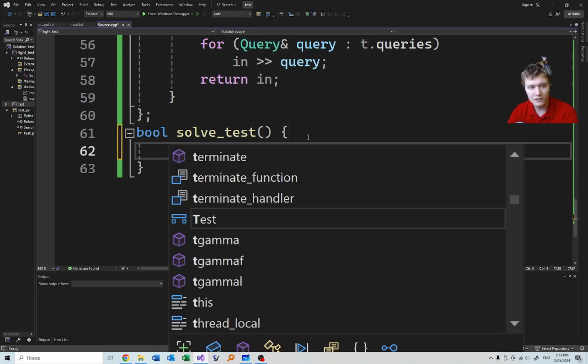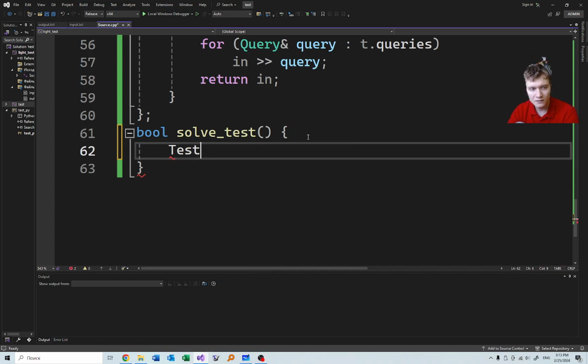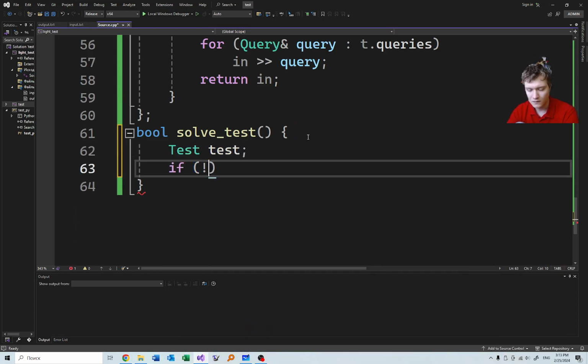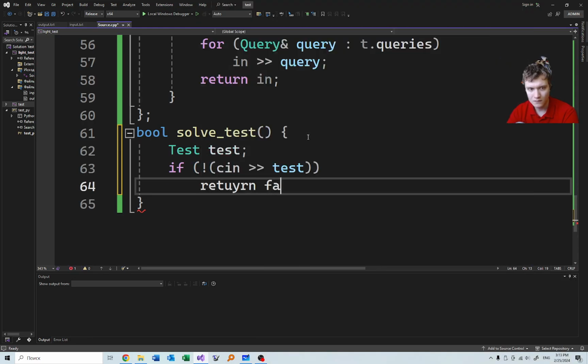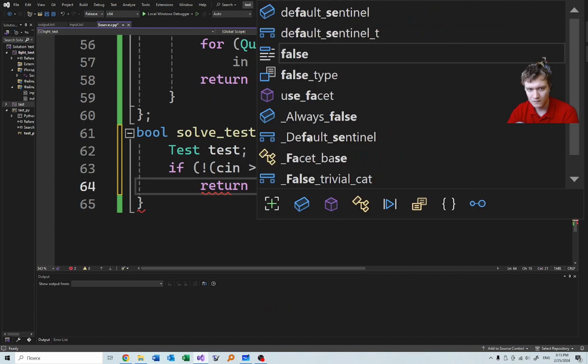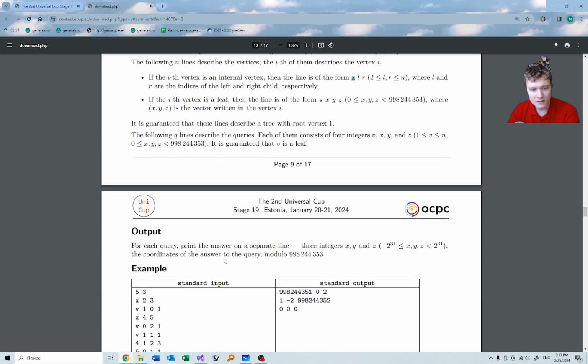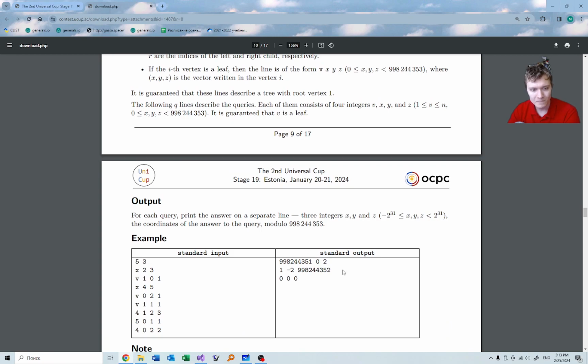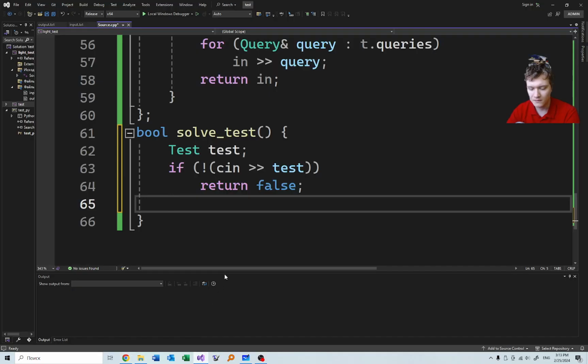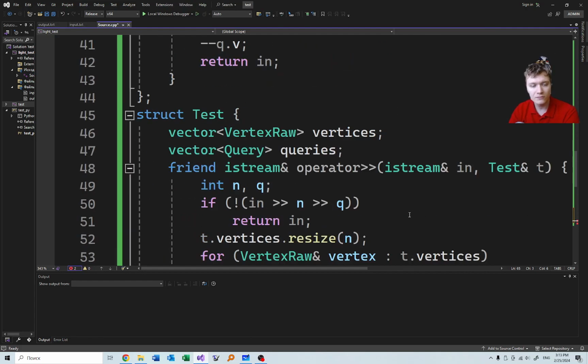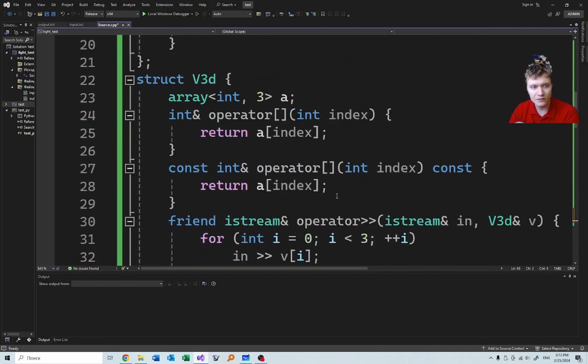So to do that we need test T. And then we need to print the answer. So the answer is simply a vector of 3Ds. Okay, let's also write the function which outputs the vector.